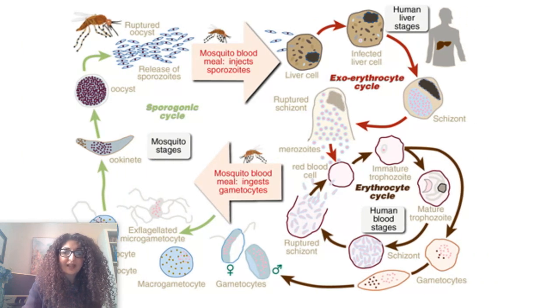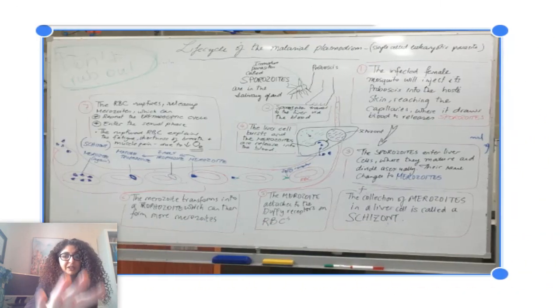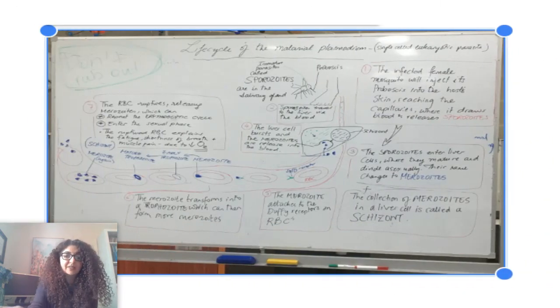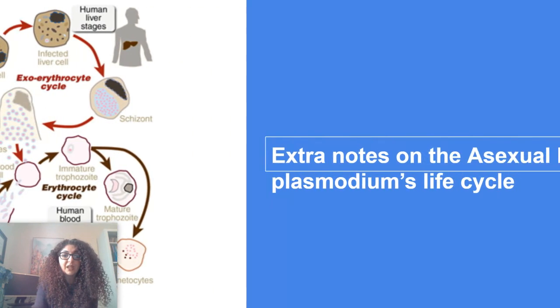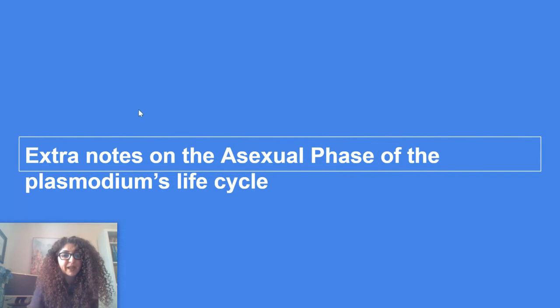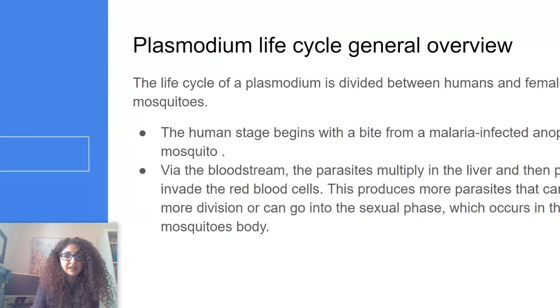Now, that's just an additional structure if you'd like to look at it. It may be a bit more complicated at this stage, so you may want to just get your head around the initial structure that we had, make sure you understand this one first, and then we will discuss this one when we get to the questions. Now, I've also put some extra notes on the asexual phase of the Plasmodium's life cycle, so if you want to go through these, you can.